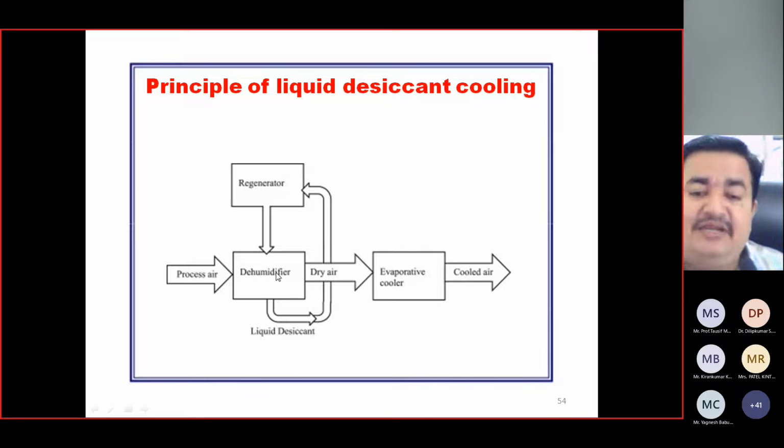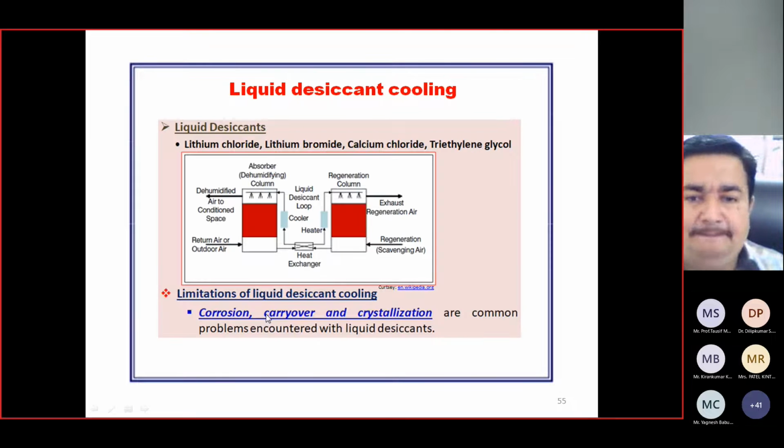And as the desiccant gets saturated and the dehumidification process is over, you have to regenerate it by passing it through a regenerator. In this way the cycle works continuously by alternate and continuous flow of process and regeneration air across the area division of the dehumidifier.